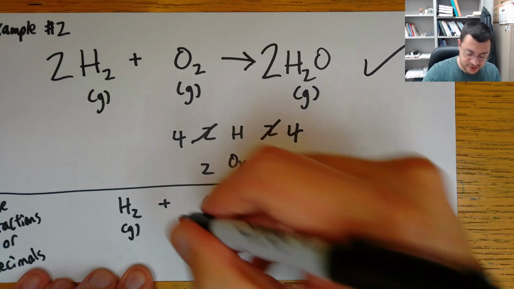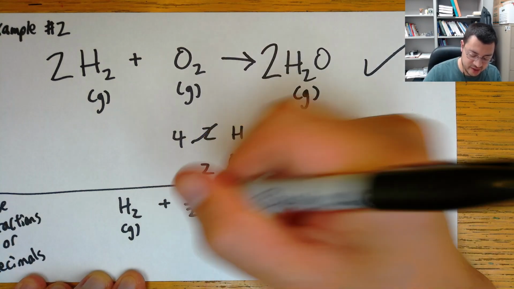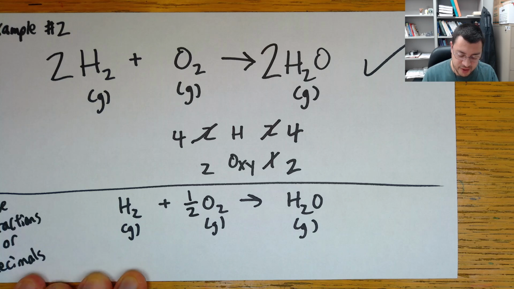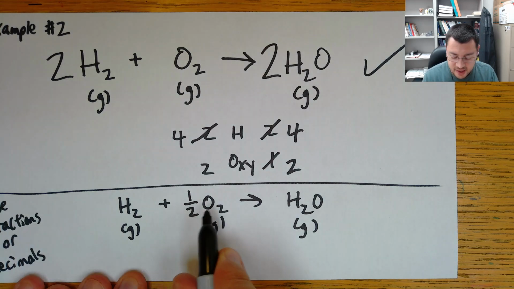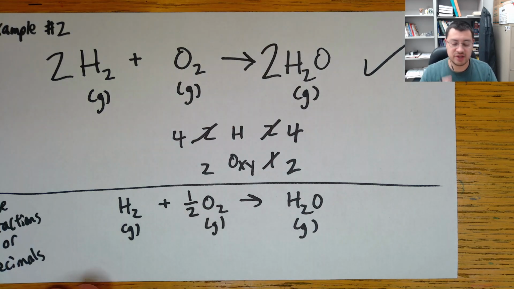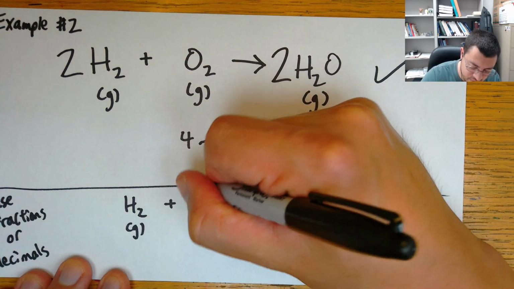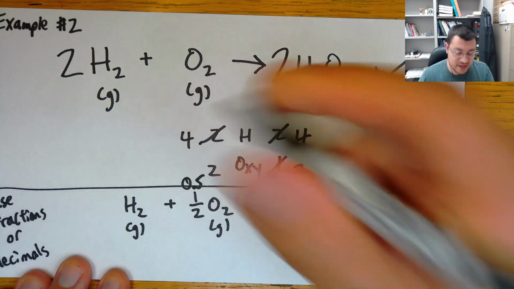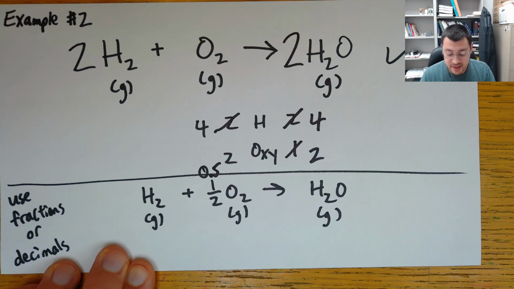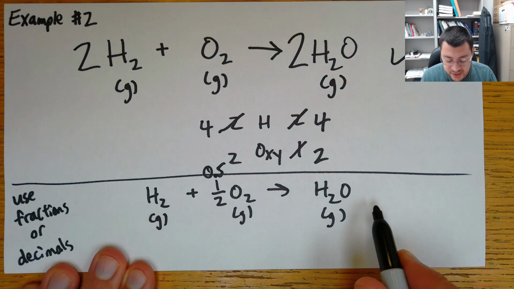So maybe it's easier to balance things by shrinking this side. We could put a half here, and half of O2 is 1 oxygen. Or you could put a 0.5 there instead. Mathematically, they mean the same thing. And then that way, we would balance this reaction.